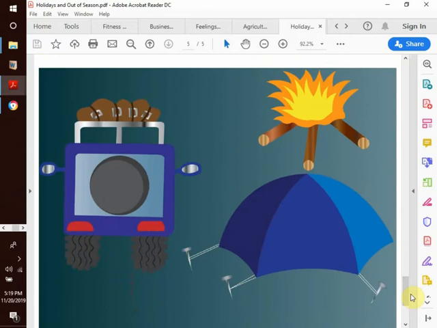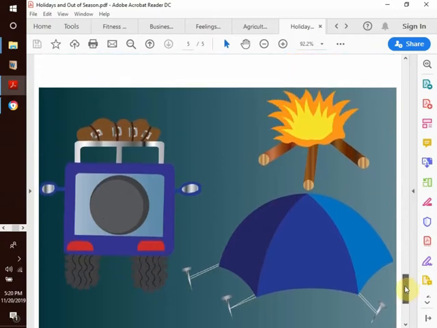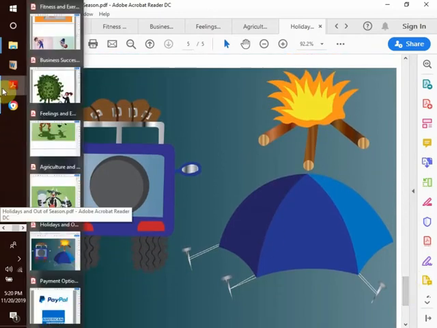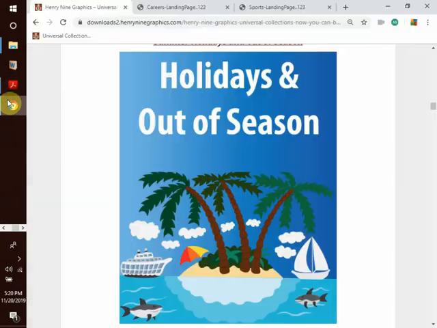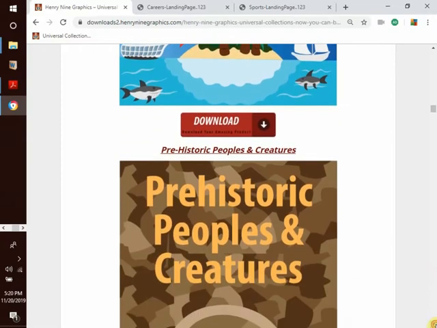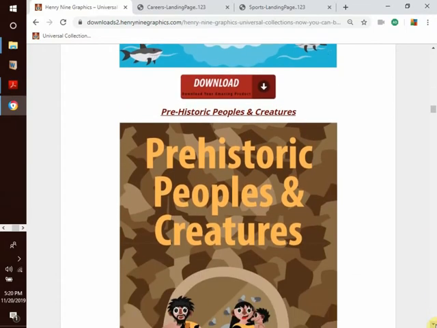Or spend some time camping out in the wilderness, out in the remote countryside. It's still some part exciting holiday expeditions. So we move on to our next topic of choice, which is prehistoric peoples and creatures.